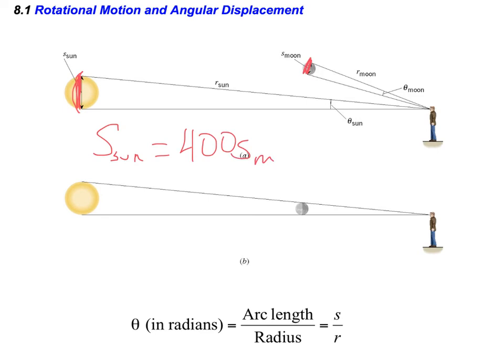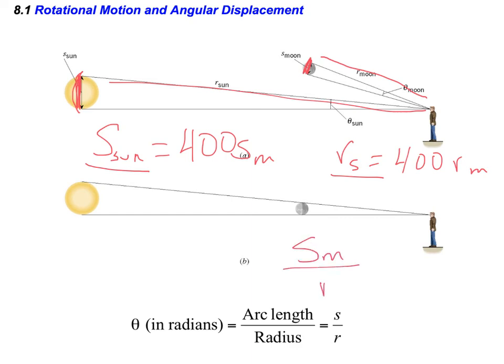Well, if we want to look at the angle and look at the radius, the radius here is going to be the distance between the observer and the moon, and the distance between the observer and the sun. We're also told that the radius of the sun is equal to 400 times that of the radius of the moon. So looking at these ratios, by taking the arc length of the sun divided by the radius of the sun, we get the arc length of the moon divided by the radius of the moon.